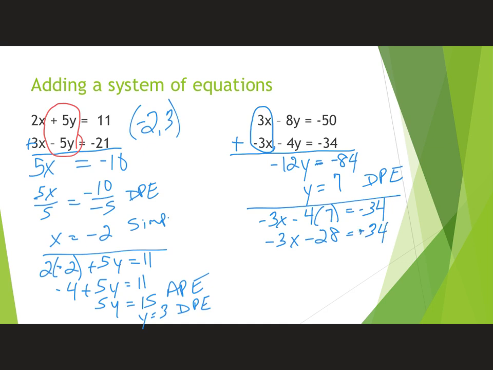I am going to add 28 to both sides, APE. Now I get negative 3x equals 6. So I do my DPE, and I get x equals negative 2. Once again, x, then y. So the answer here is -2, 7. Not that bad. Let's look at another set of examples.